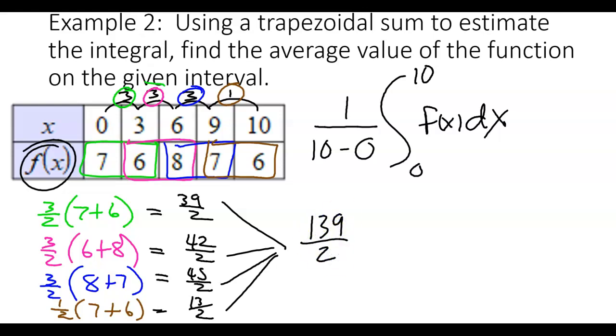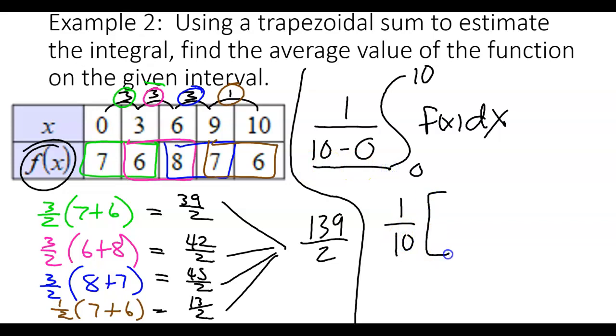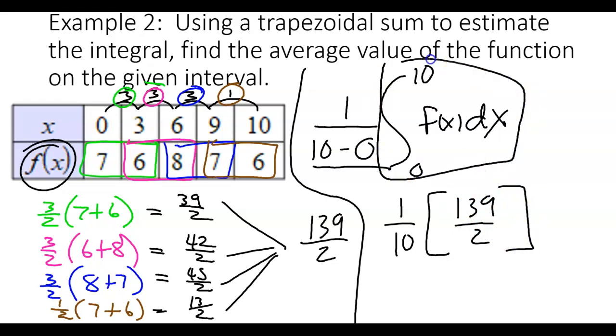So now this formula becomes 1 over 10, and then this becomes 139 over 2. So this is an estimation of the area under the curve. That means our average value is going to be the average of the estimated area.